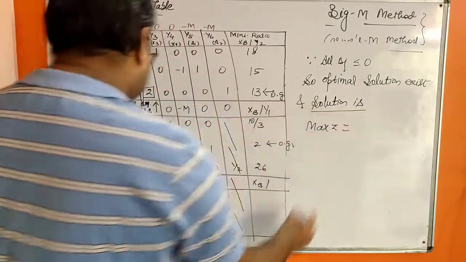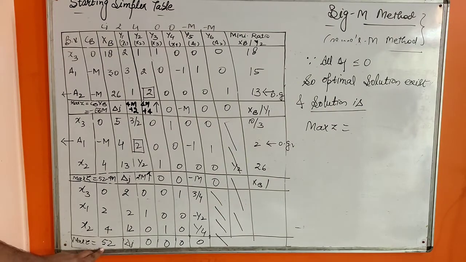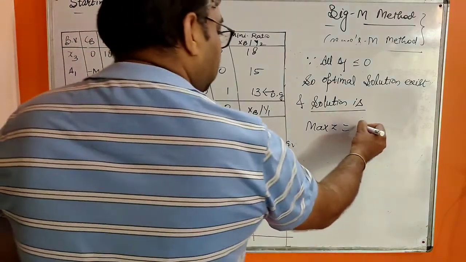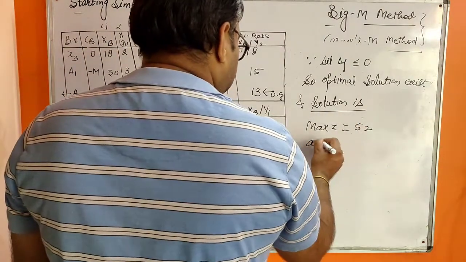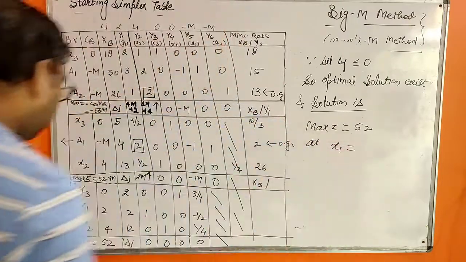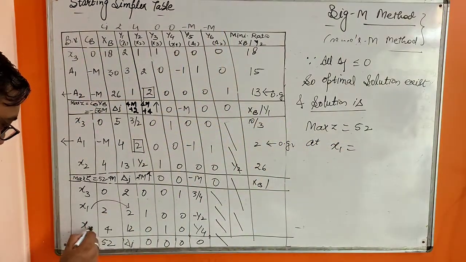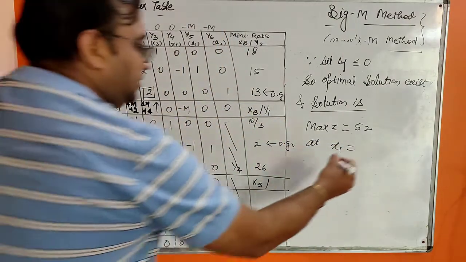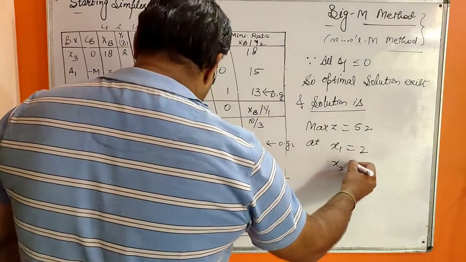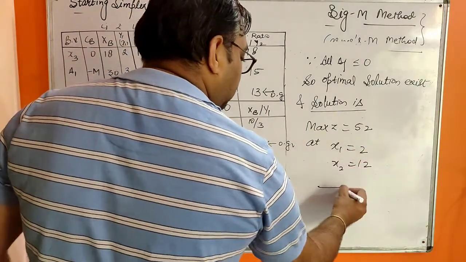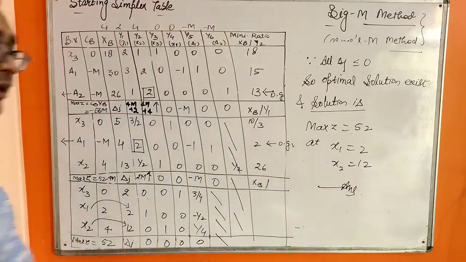Max z is equals to this last value, that is 52 at x1 equals to 2 and x2 is equals to 12. So this is the complete solution.